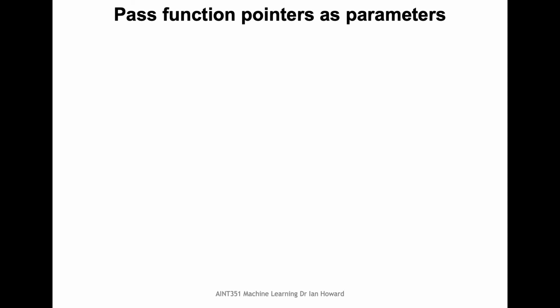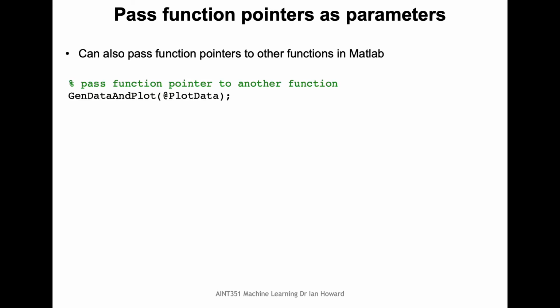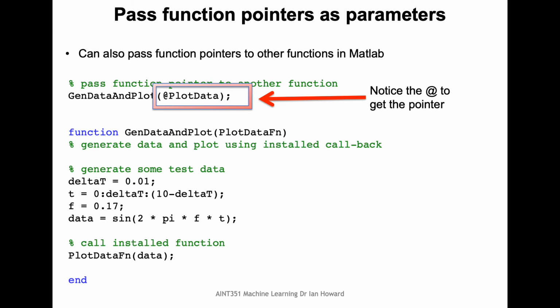That's very useful because we can pass functions as parameters, and that's what I'm going to talk about now. You can pass functions to another function. So we can pass the plot data function to another function.